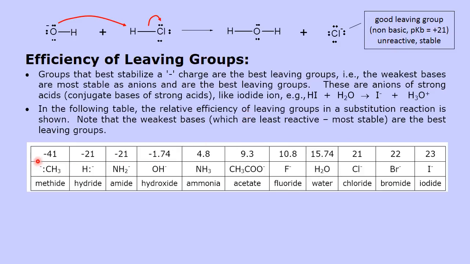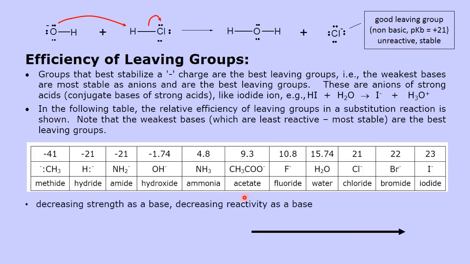So here we have the pKb values in order of various bases. So we're going from more basic to less basic. And it turns out that the best leaving groups are those that are least basic, most stable. So decreasing strength as a base means decreasing reactivity as a base.